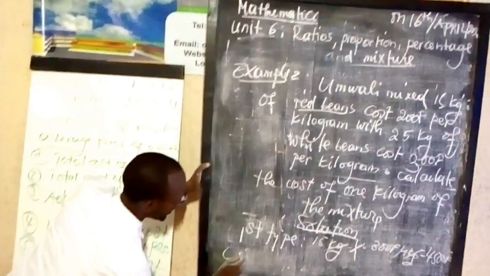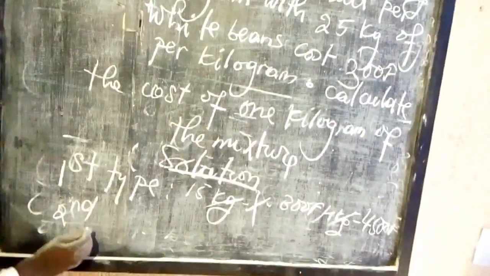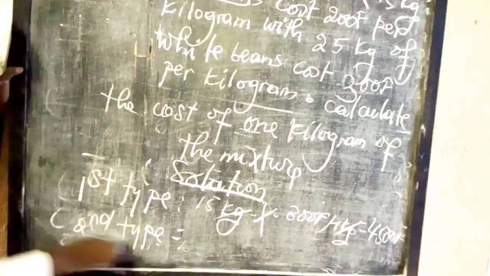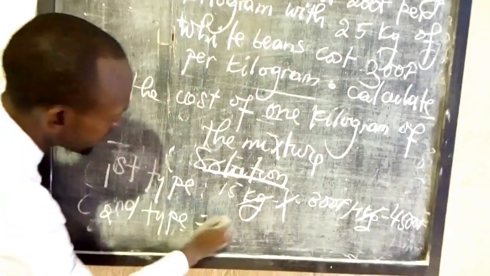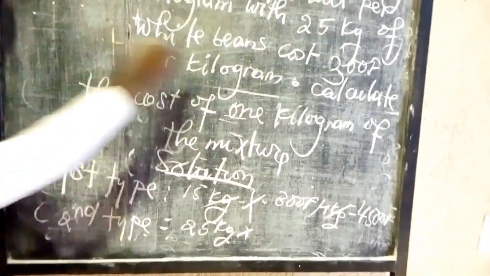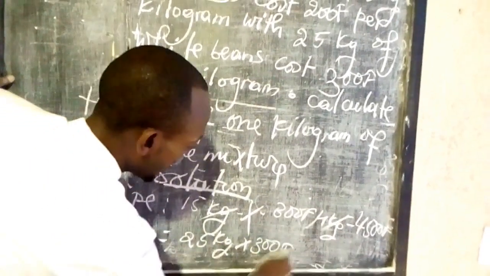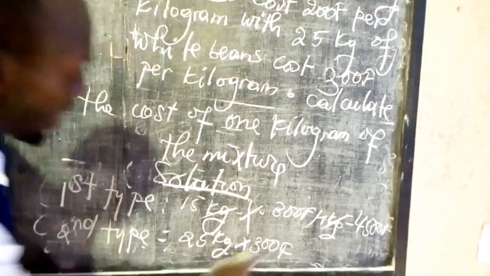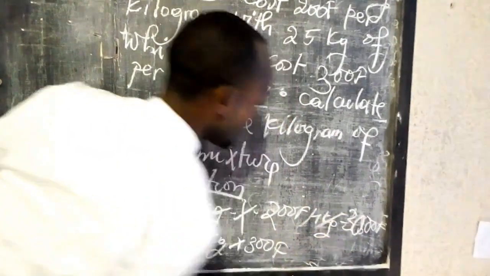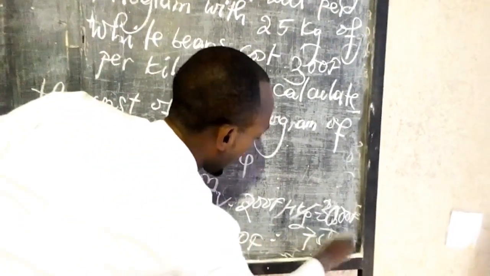Now we are going to see the second type, which was white beans. The cost of them was 25 kilograms times the cost of 1 kilogram, which is 300 francs. That is, the first was 3,000, and then the second will be 7,500 francs.